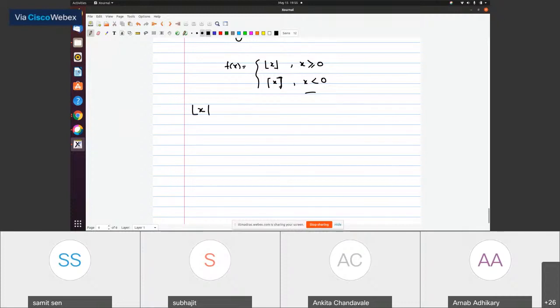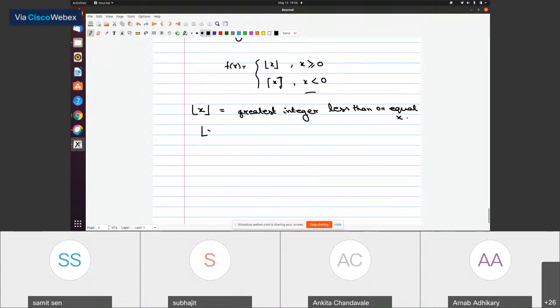What is floor of x? In floor of x, we take the integer lesser than the value. In ceiling of x, we take the integer greater than the value. So it is the greatest integer less than or equal to x, right?